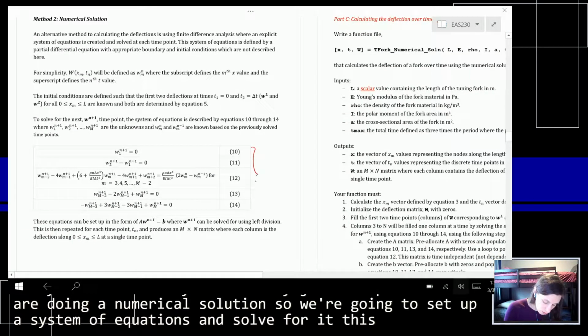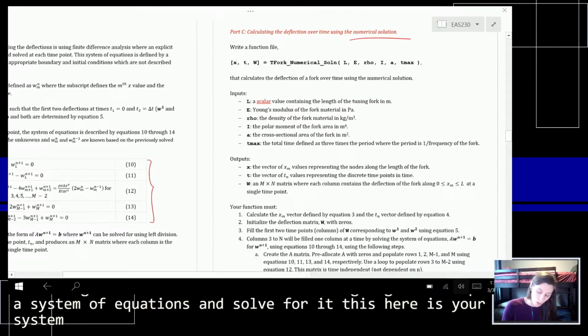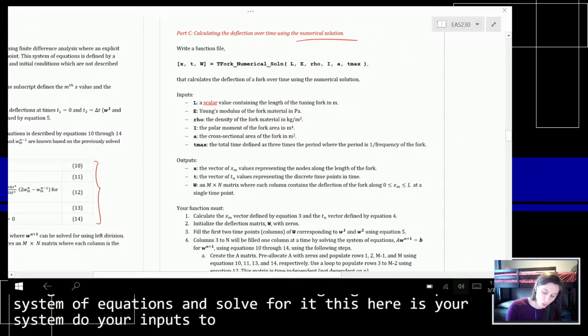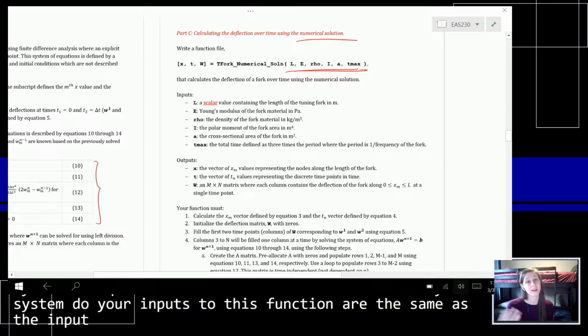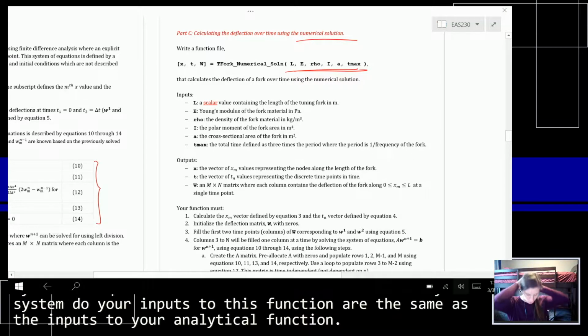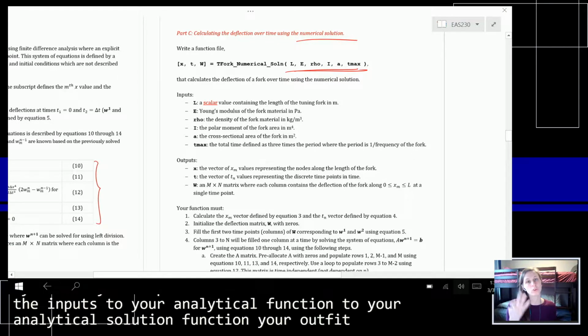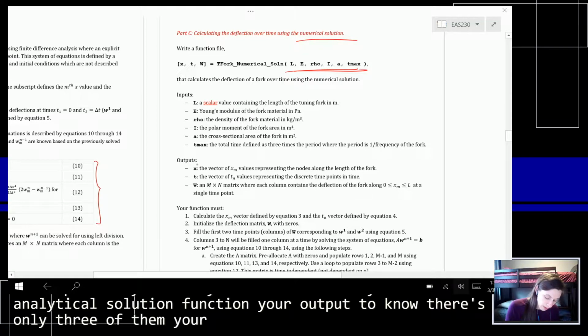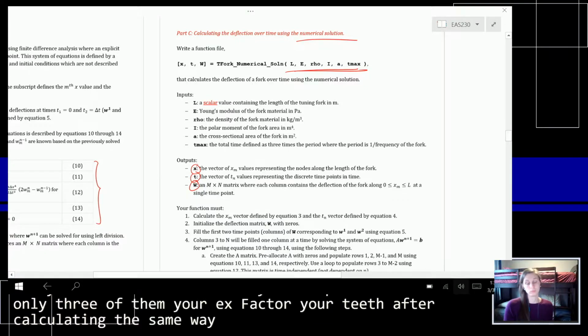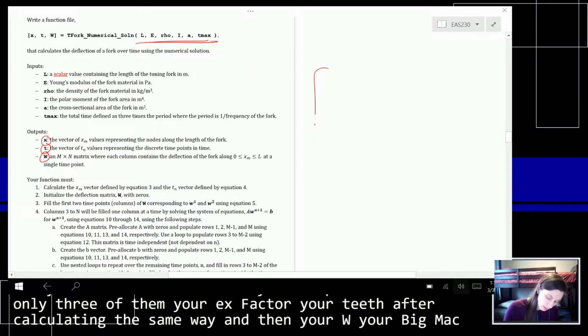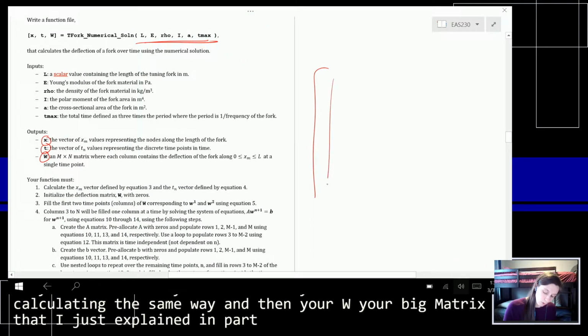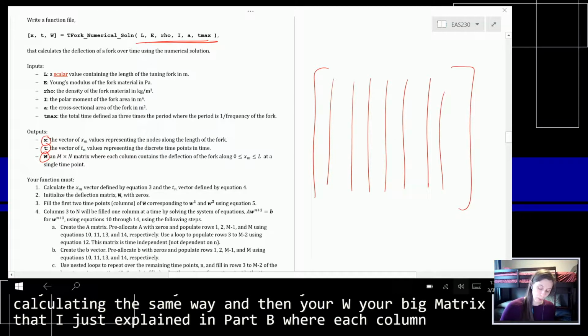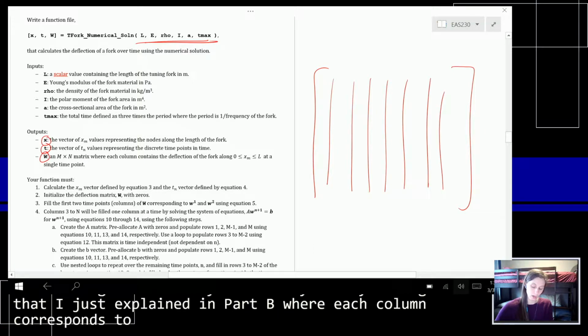This here is your system. So your inputs to this function are the same as the inputs to your analytical solution function. Your outputs, though, there's only 3 of them. Your x vector, your t vector, calculated the same way, and then your w. Your big matrix that I just explained in part B, where each column corresponds to your output.